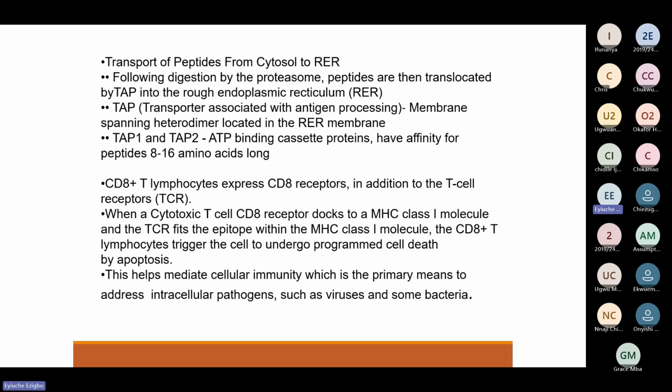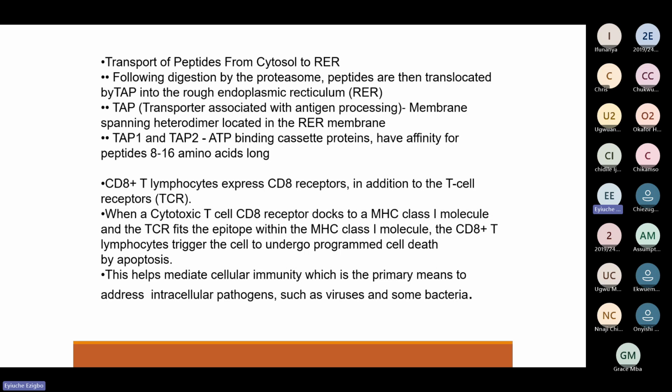The next line of action is to initiate the death of that cell, because it has been infected either by a virus or whatever, or it is a tumor cell that is out of control.